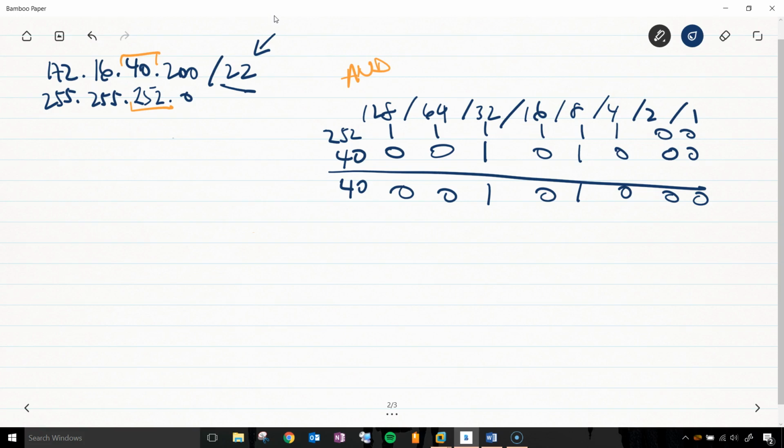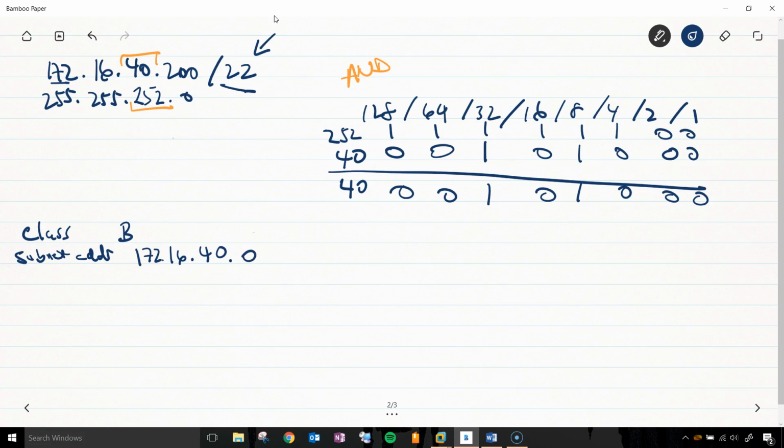So we wanted to know the class, and this is a class B because it begins with 172. We wanted to know the subnet address, and that is 172.16, and we just figured out that that's 40.0.